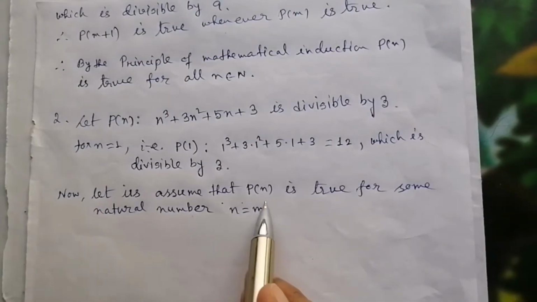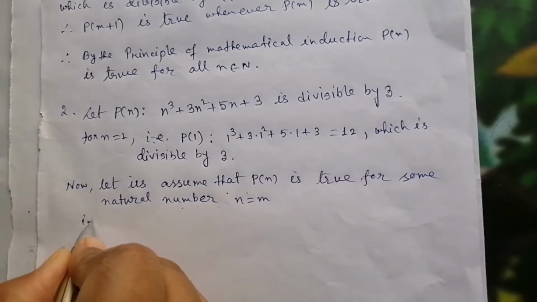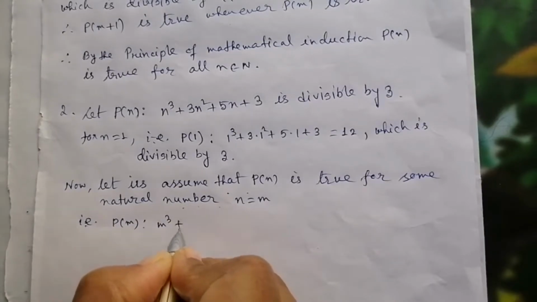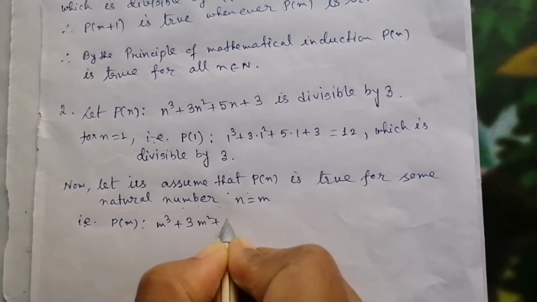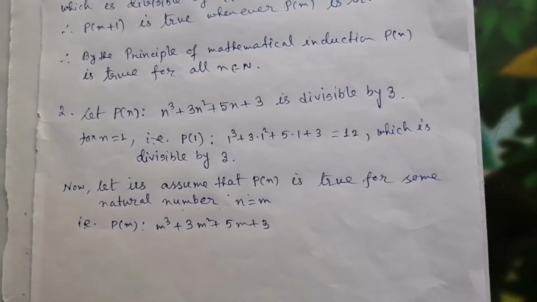Now let us assume that P(n) is true for some natural number n equal to m, that is P(m): m cube plus 3m square plus 5m plus 3 which is divisible by 3.